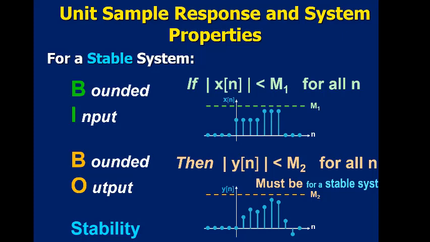Okay, now how do I tell whether a system meets this requirement? Well, the bad part about this very simple, straightforward definition of stability is that if I want to prove a system is stable, I would literally have to try every possible input sequence to make sure I didn't generate an unbounded output.